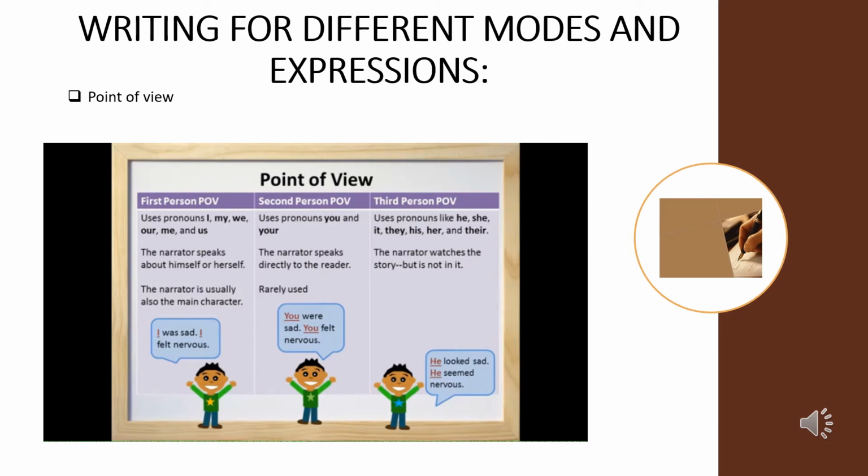That's because this narrator is not in the story. He's just watching the story and telling us about it. Third-person point of view narrators speak about other characters, but not himself or herself. Most stories use this point of view. Also note that there are different types of third-person point of view. In this video, I won't teach about the different types. To learn about those, watch Point of View video part 2.